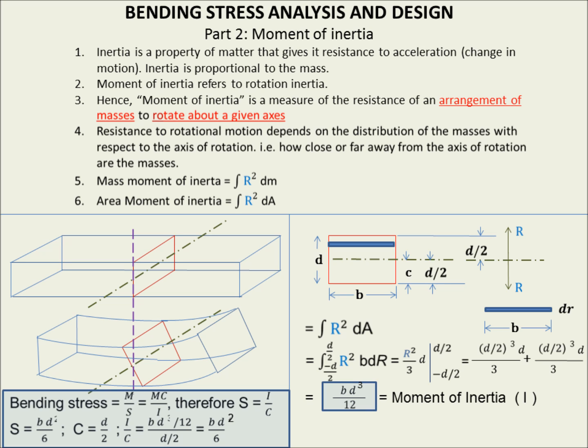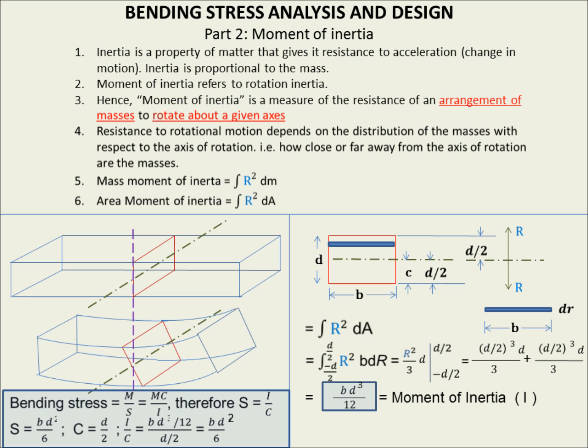We said that in item number 6, the area moment of inertia modifies the mass moment of inertia by replacing mass with area. And we also went on to demonstrate that bending has to do with the rotating of the cross-sectional area of the beam about the neutral axis.